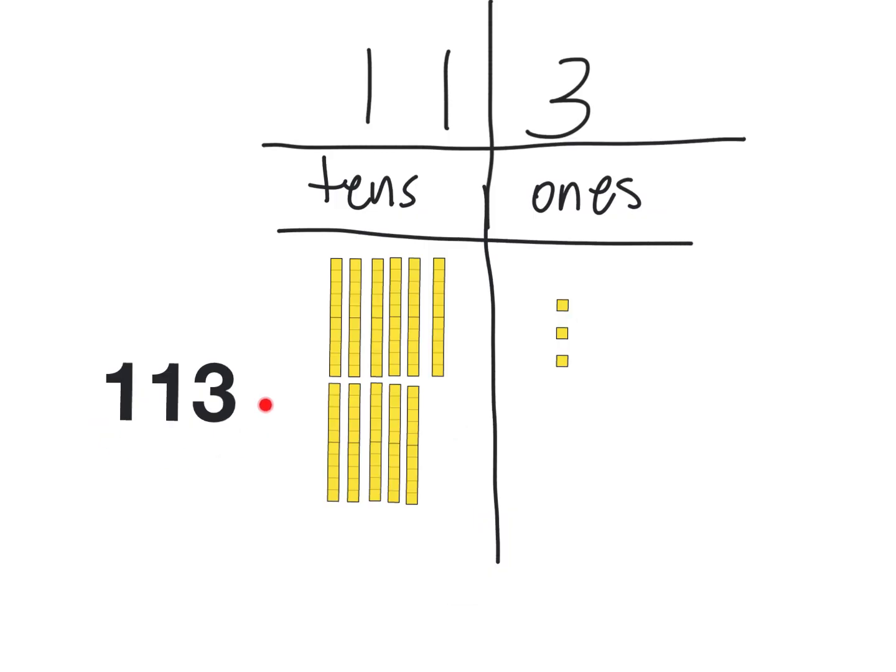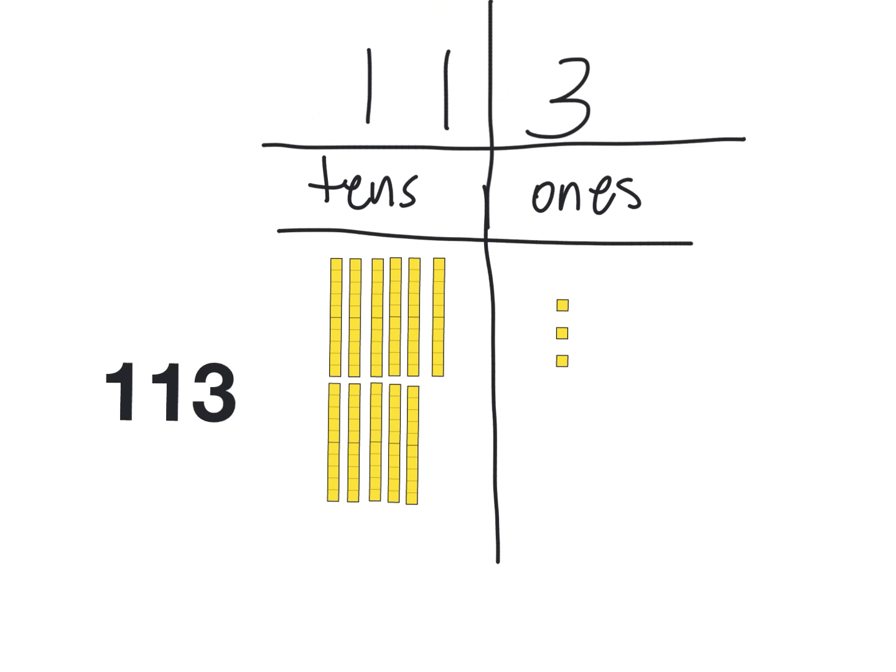Let's look at a bigger number, like 113. In 113, there are 1, 2, 3, 4, 5, 6, 7, 8, 9, 10, 11 tens, 11 groups of 10.